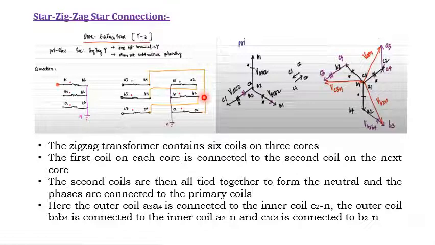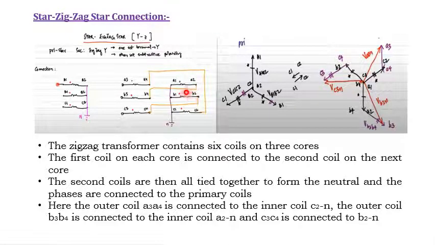Subtractive polarity in the sense that A2 is connected to the next polarity, B4, because these two polarities are the same. So you can consider the subtractive polarity of this one B4, and B2 is connected to C4, and C2 is connected to A4. Here the windings are termed as A1, A2, B1, B2, C1, C2.